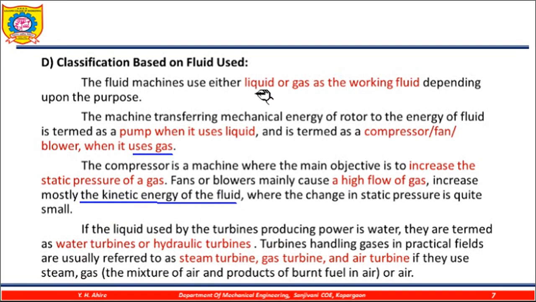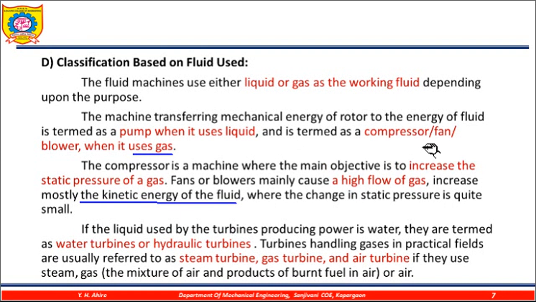The fluid can be either liquid or gas. If the machine is using a liquid and converting mechanical energy into fluid energy, then we call it a pump. If it is handling a gas and converting mechanical energy into fluid energy, then there can be a compressor, fan or a blower.